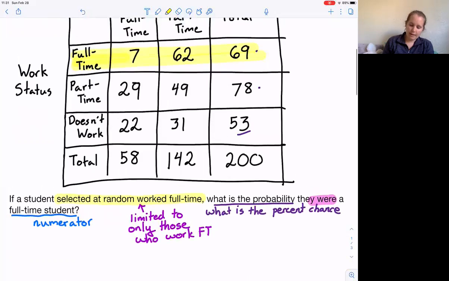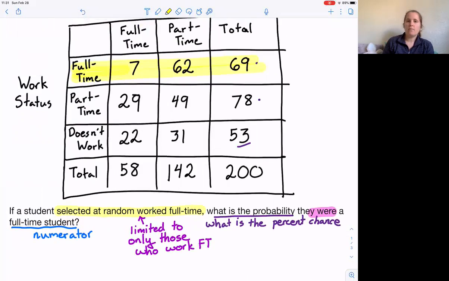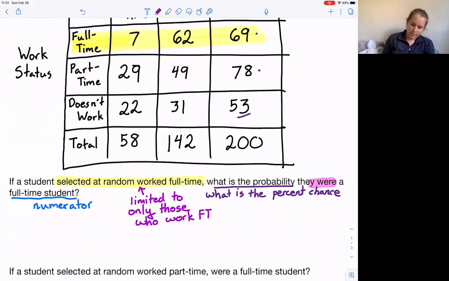Looking only at that row, then we only had 69 students to consider. So here, there were only 69 students who fell in this category. So that's our denominator.